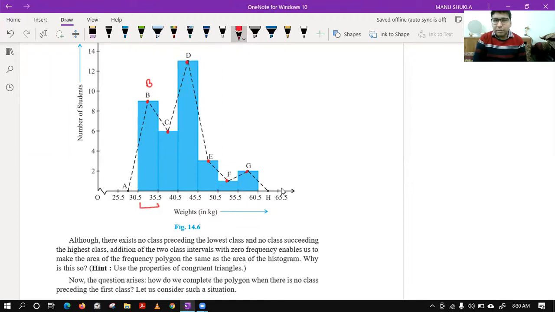But the problem is, after joining all these, still it is open. It is like this: B, C, D, E, F and G. So we have to make it closed because we all know the definition is it should be a closed figure.